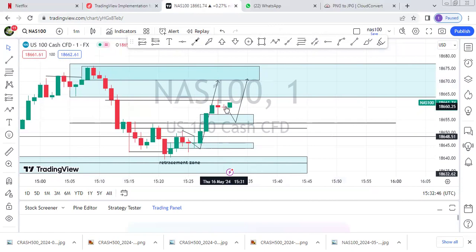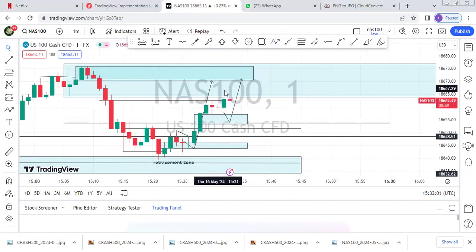We should understand that we also have another indecision here. You can see that there was some sort of indecision here. So the target is this area here. We expect the market to go to this level. This is our expectation, though we have some indecision here, but we expect the market to come to this level.